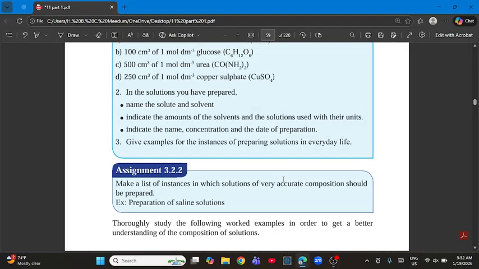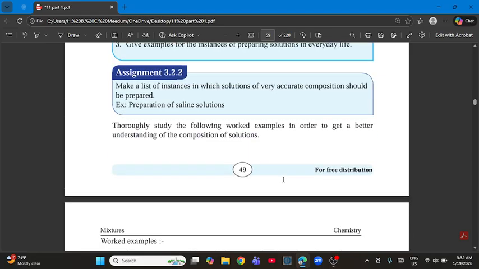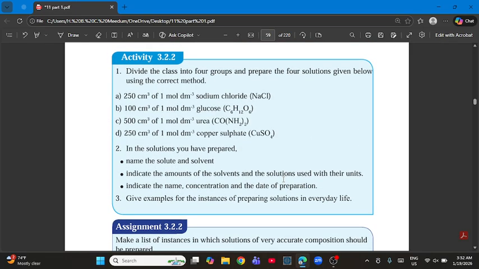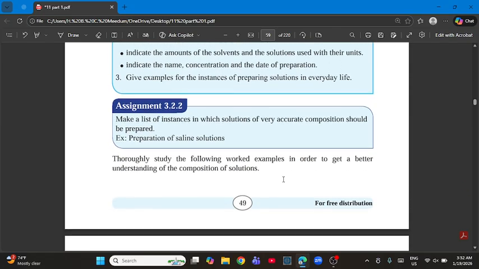Okay, last day we stopped here. We discussed these activities and the assignment.